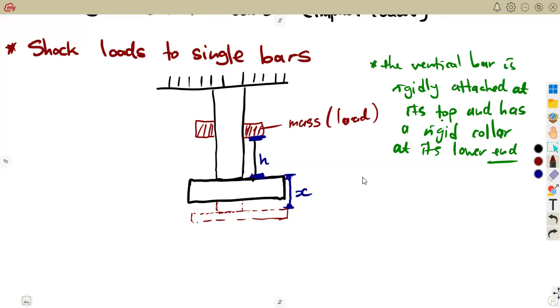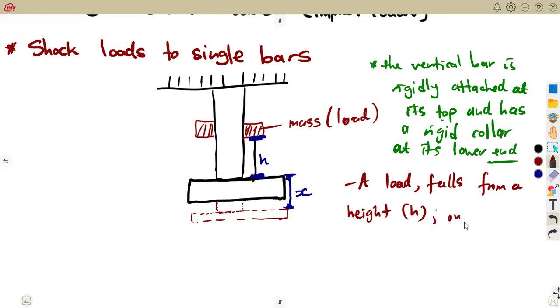So in this case, a load, which is our mass, falls. So this load falls from a height, which is this height h, onto the what? Onto the collar. Okay, so as it falls, it's going to fall onto this collar, the one at the lower end.